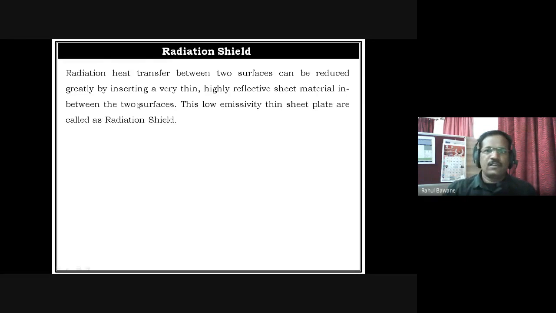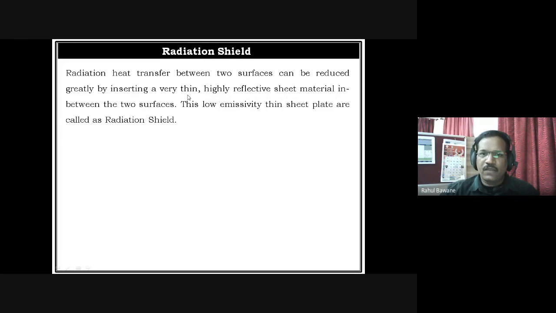As per the technical language, radiation heat transfer between two surfaces can be reduced greatly by inserting a very thin, highly reflective sheet material.